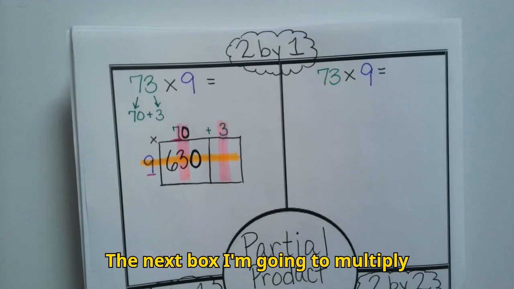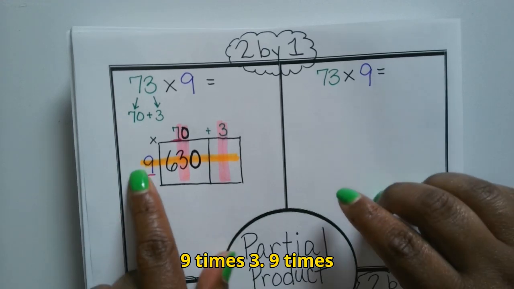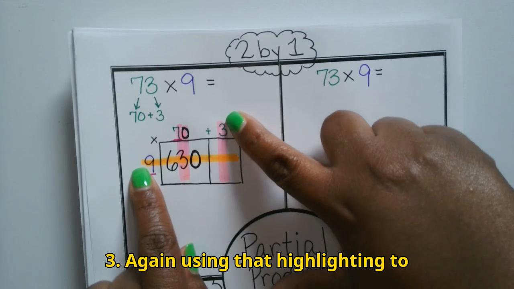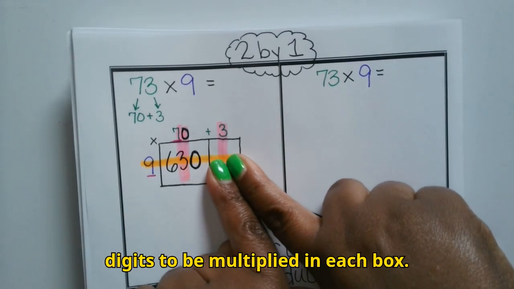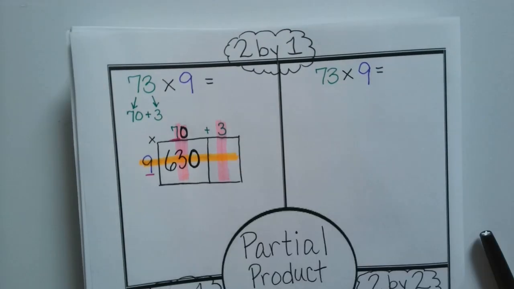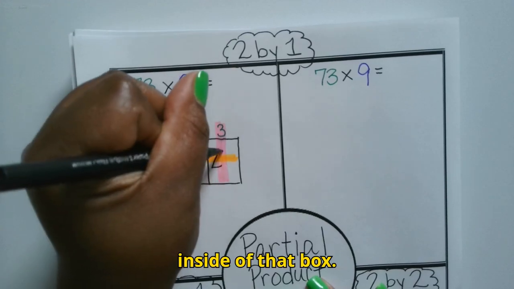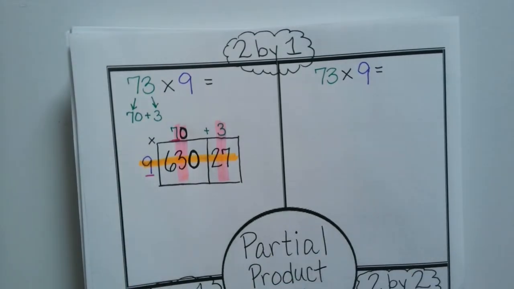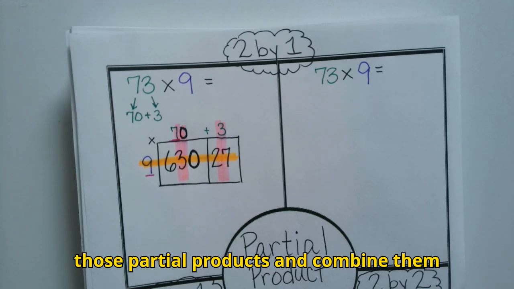The next box, I'm going to multiply 9 times 3. Again, using that highlighting to follow what digits to be multiplied in each box. Put that value inside of that box. What I do from here is basically take those partial products and combine them by adding.